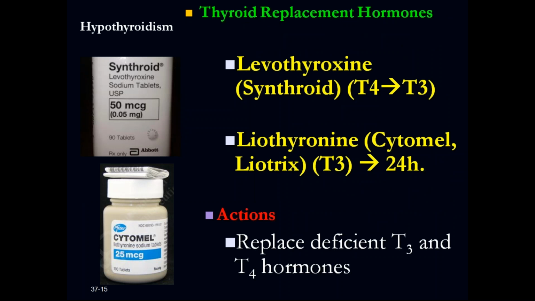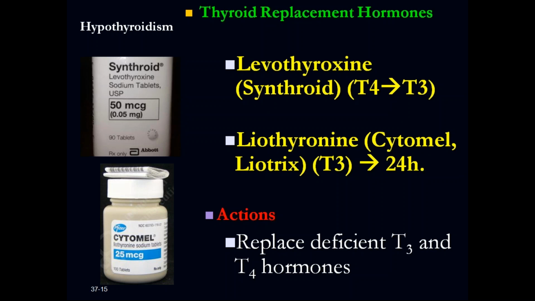Okay, so levothyroxine, we have the Synthroid, levothyroxine. So you take T4, that's what you're taking. But T4 will be transformed into T3. Liothyronine is the Cytomel or Liotrix, which is straightforward T3.